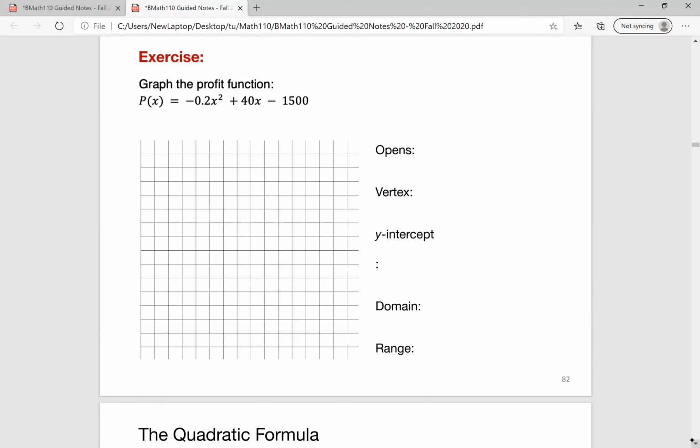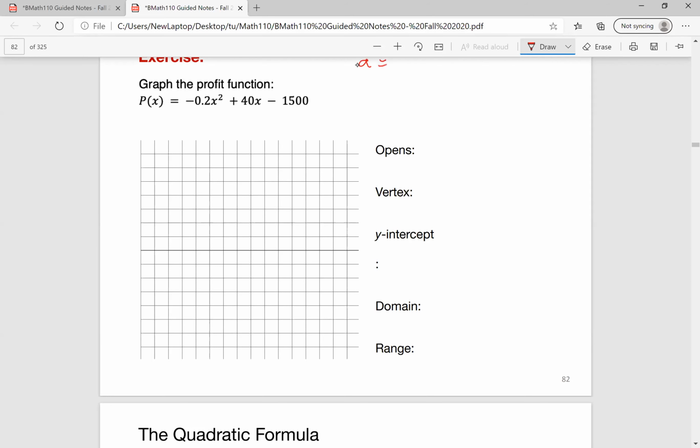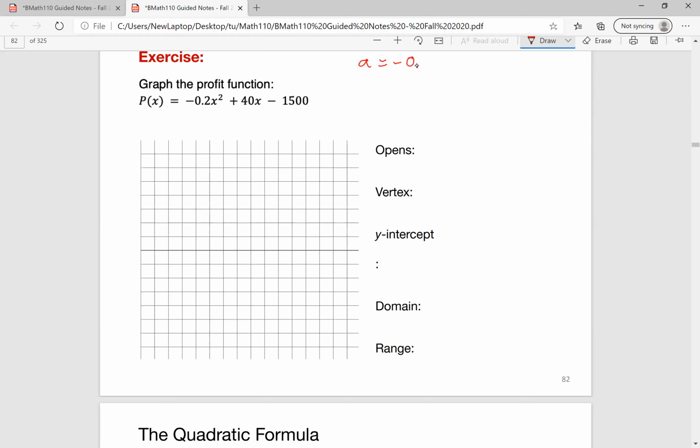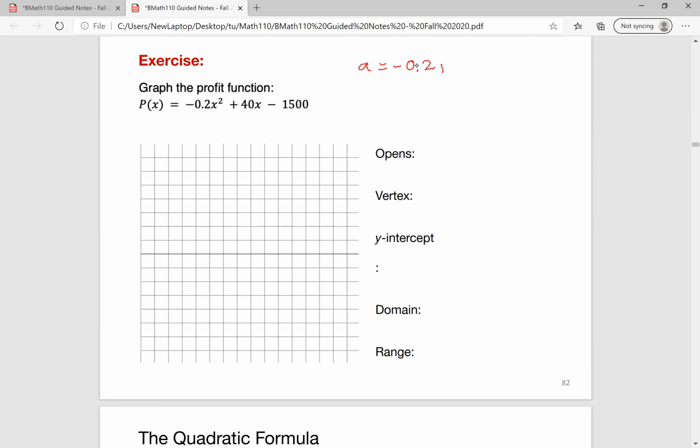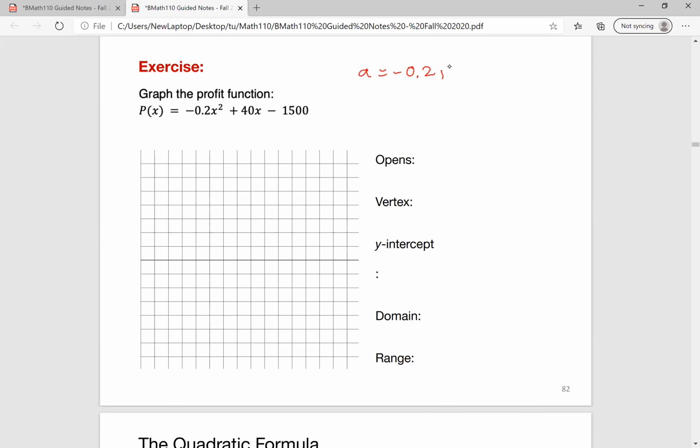So now another column is graph the profit function P(x) equals negative 0.2 x squared plus 40x minus 1500. Okay, so I will have to list out A equal to negative 0.2, B equal to 40, and C equal to negative 1,500.